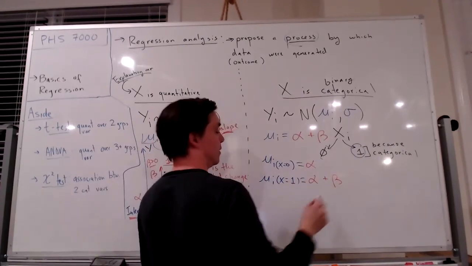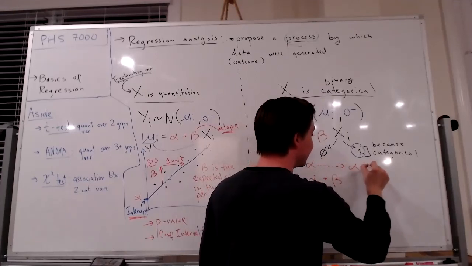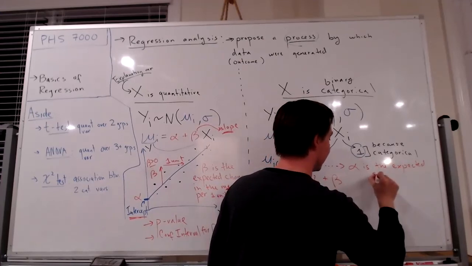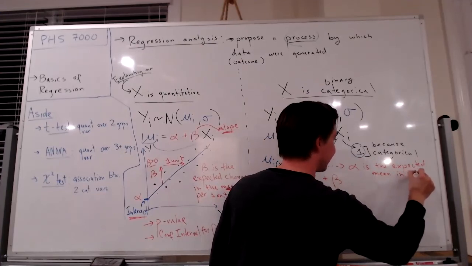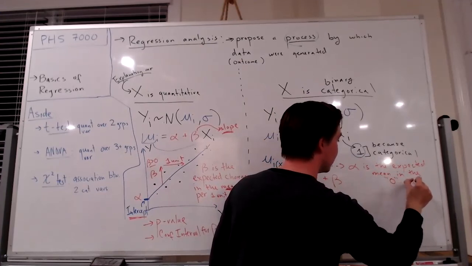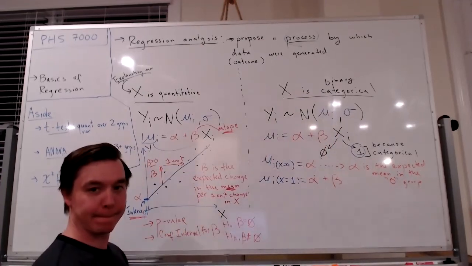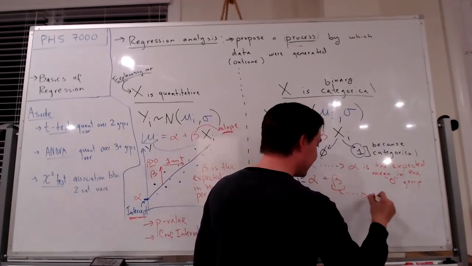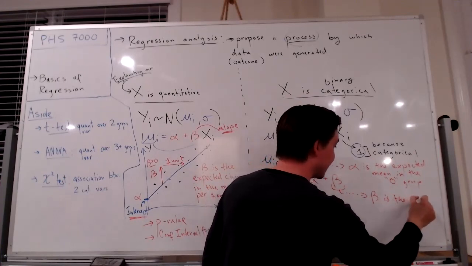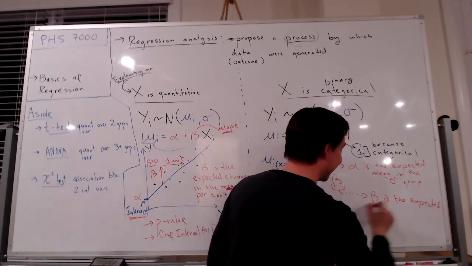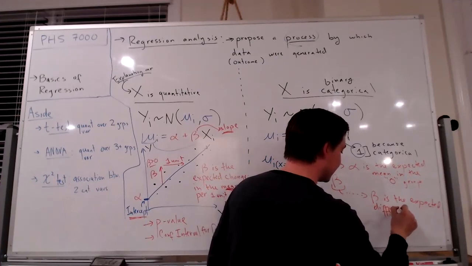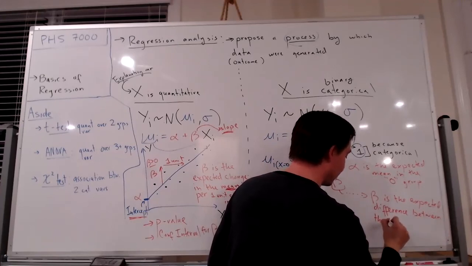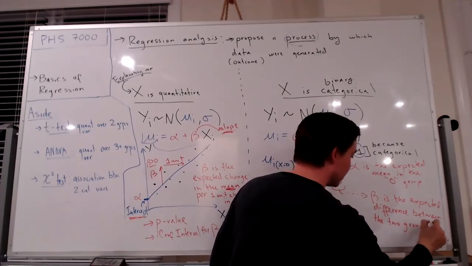But now, alpha is the expected mean in the 0 group, and beta is the expected difference between the 2 group means.